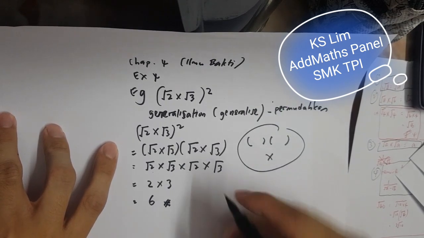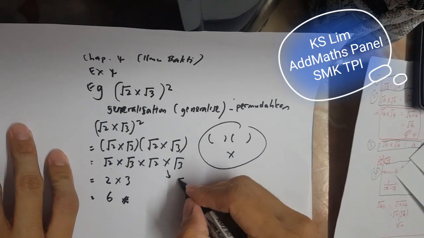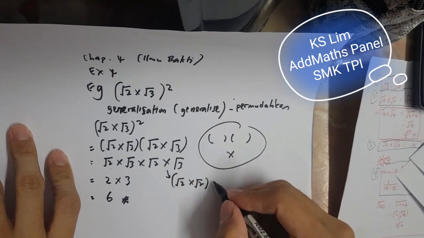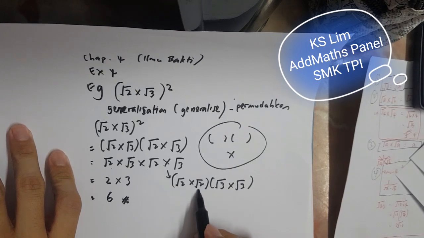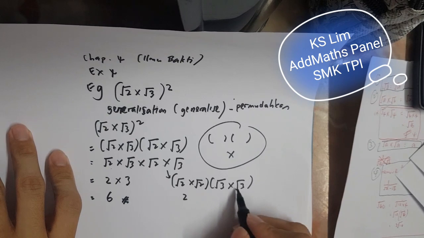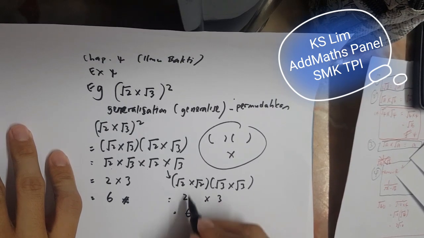Let's say you are confused, never mind, I write down here. First you place these each other, the same element, square root each other, multiply, then you will get 2. This one will get 3. Brackets mean multiply, 6.